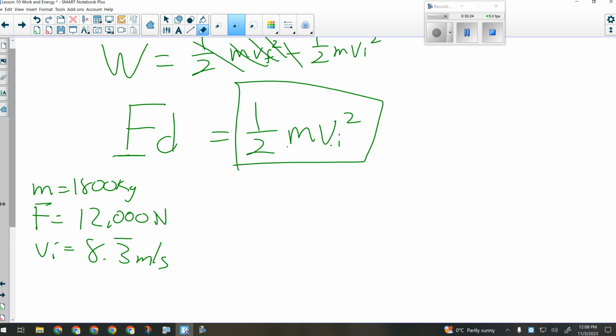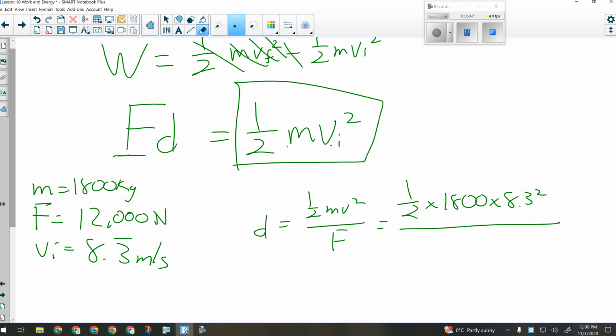Can I calculate how far I would travel with those numbers? Yes. All I do is solve for d: d is 1/2 mv squared over f. So that's 1/2 times 1,800, the mass of the car, times 8.3 squared, divided by 12,000 newtons.